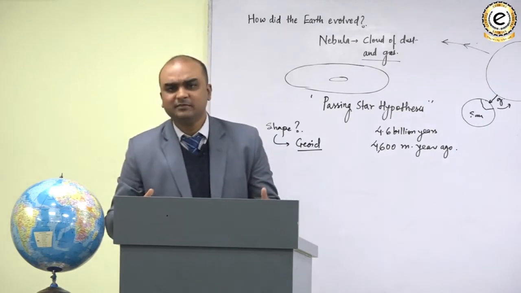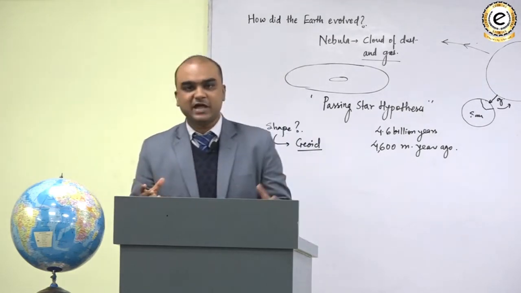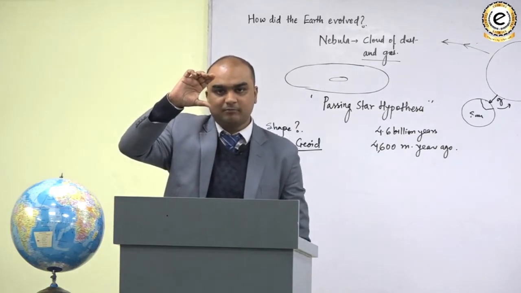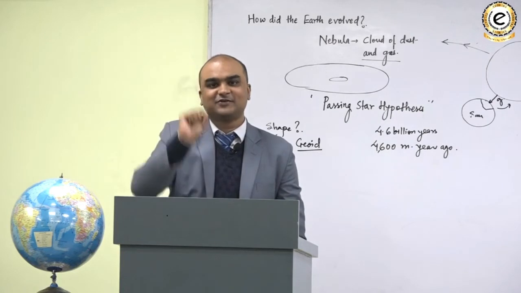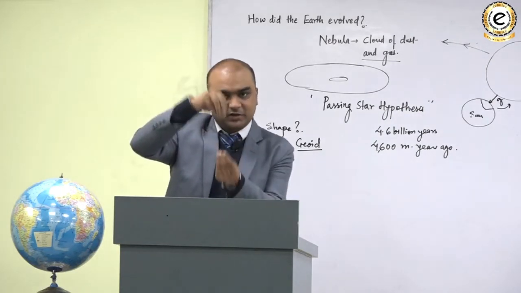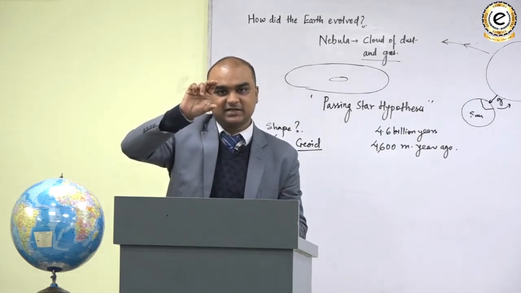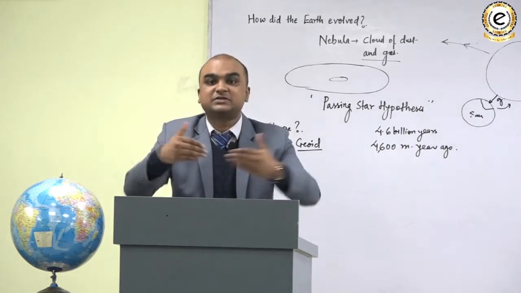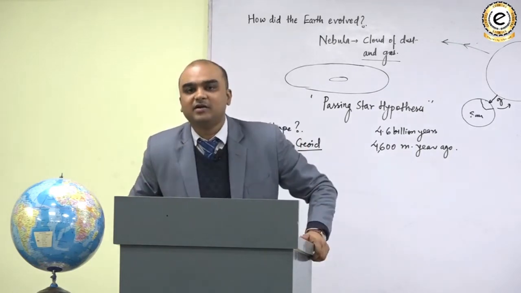अगर आपको मेरी बात समझ नहीं आ रही है, so you can do that. You can take a tennis ball and you can push the ball from both the poles, or you can make two poles over the ball and you can push it towards the center from both the sides. And if you do that, what would happen to the central locations of the ball? It would experience an outward bulging.